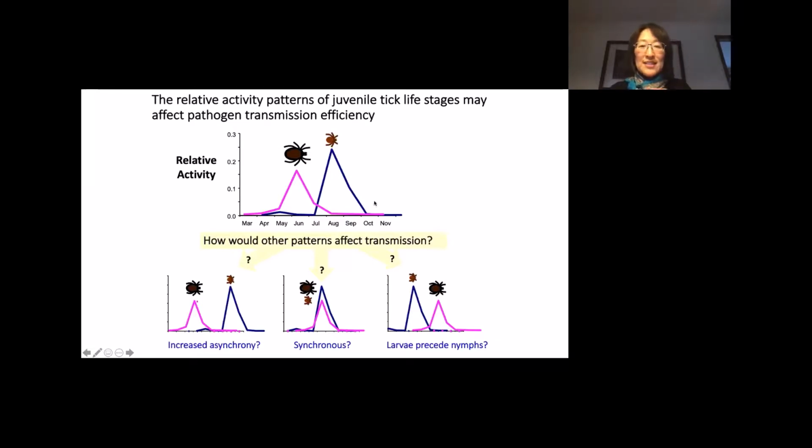Then later in the summer, when the larvae are coming out, they're able to feed on those hosts and then become infected. And so this asynchronous activity, where you have the nymph before the larva, is what allows transmission or maintenance of Borrelia to occur in an area via the host community.